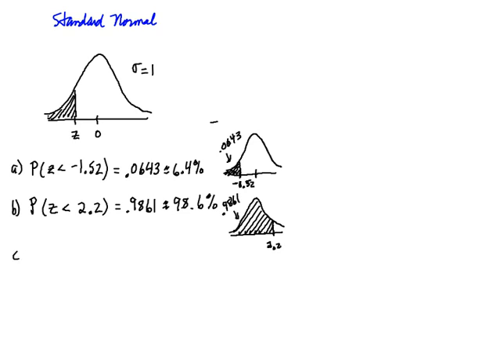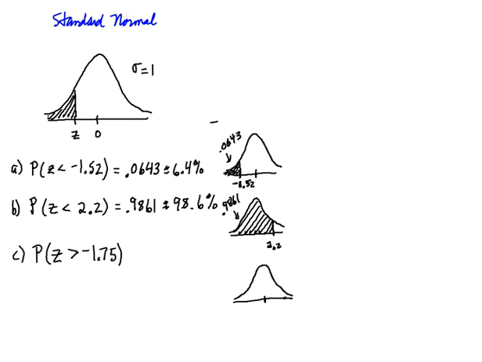Now let's look at one that's a little bit different. Let's find the probability that z is greater than negative 1.75. In that case, remember it's the area under the density function above the interval.